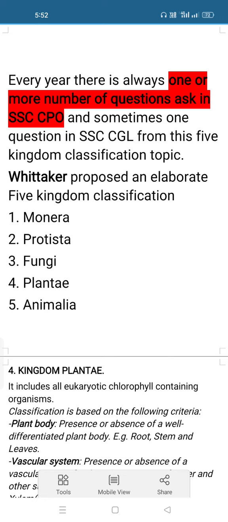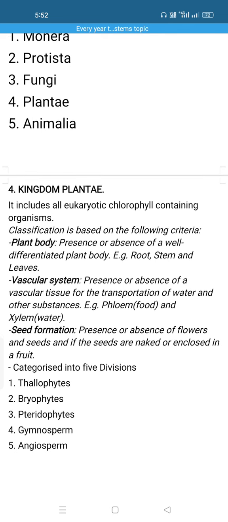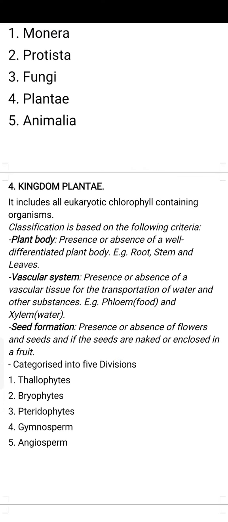So here we go, classification of plant kingdoms. The classification of plant kingdoms is based on the following criteria. The first criteria is the plant body, whether the plant is differentiated into root, stem, leaves.